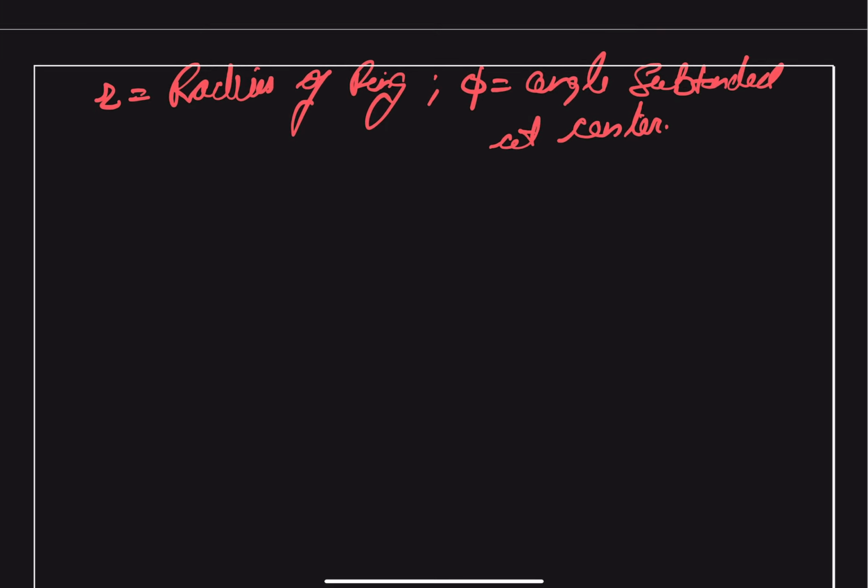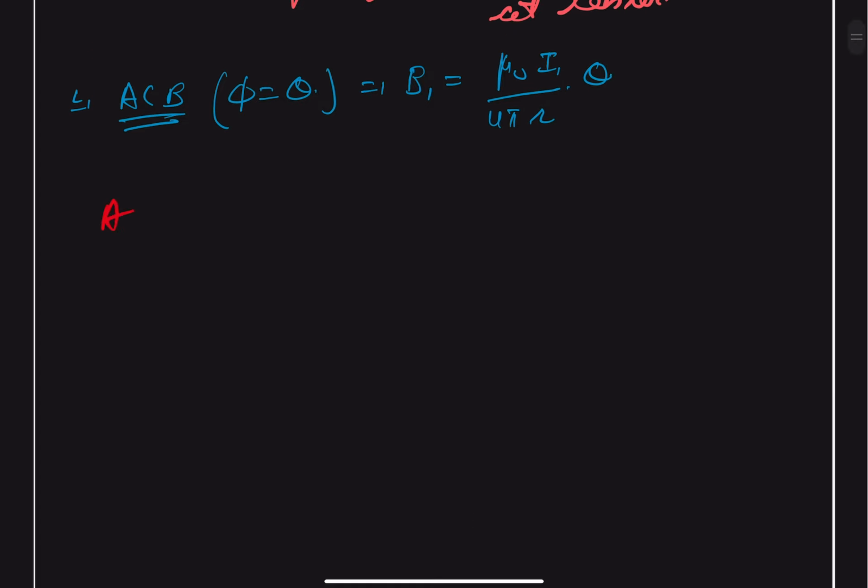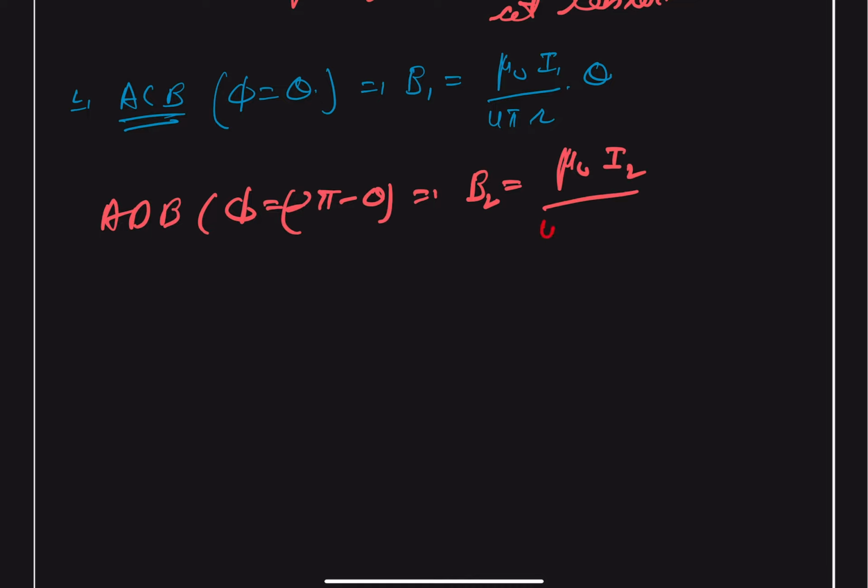First of all is our ACB, and here phi is equal to theta, and the field is our B1, so this comes as mu naught I1 upon 4 pi R multiplied by theta. And now we have ADB, here phi is 2 pi minus theta, so the magnetic field is our B2, which will be equal to mu naught I2 divided by 4 pi R, multiplied by 2 pi minus theta.